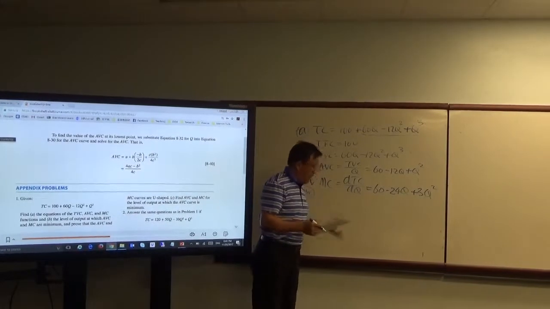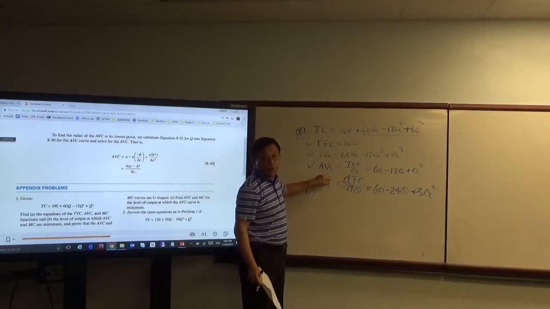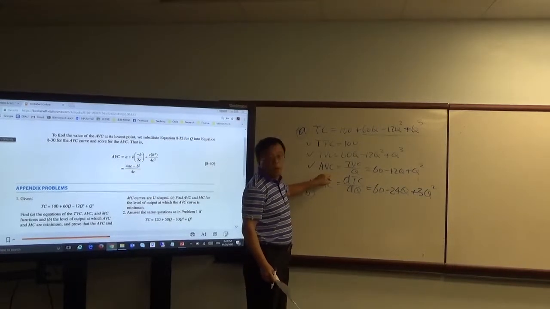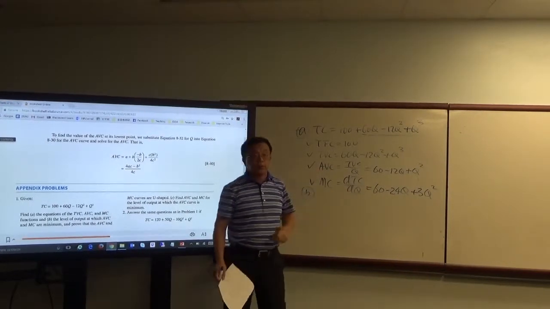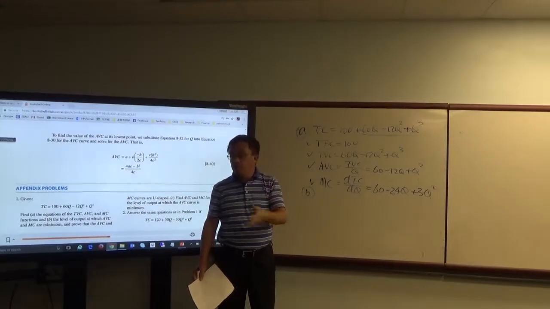We're tasked to find the minimum of the average variable cost. How to do it? We have the average variable cost; we take the first derivative and set it to 0. This is how we find the optimal output level.